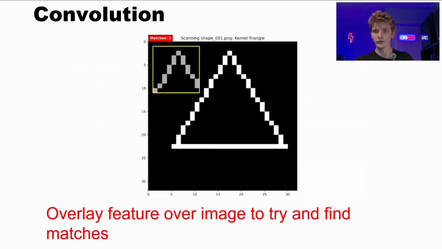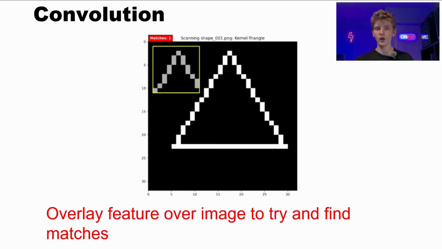And as we're doing this, we're going to be looking at the image of our feature and the patch of the image we want to classify that the feature's overlaid on top of, and we're going to see if there's a match between the two images. That will determine whether the feature that we're looking for is present in the image or not. And if it is, that will tell us what class the image is.